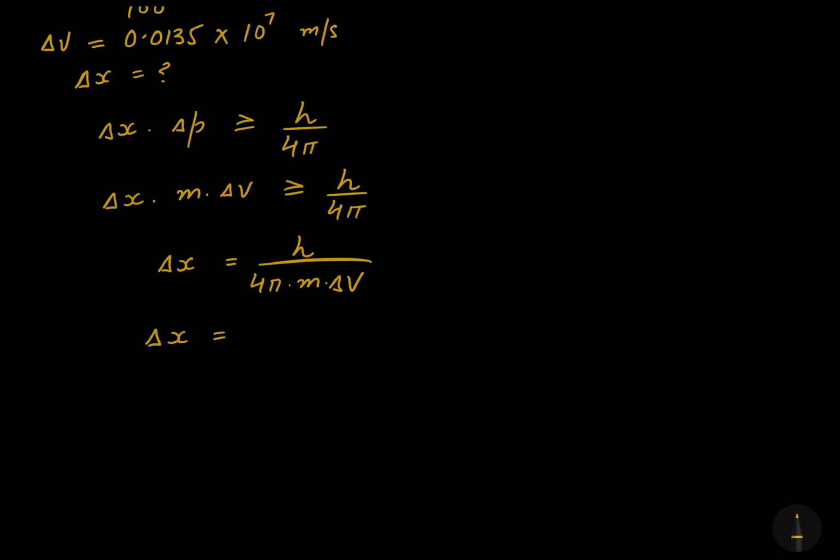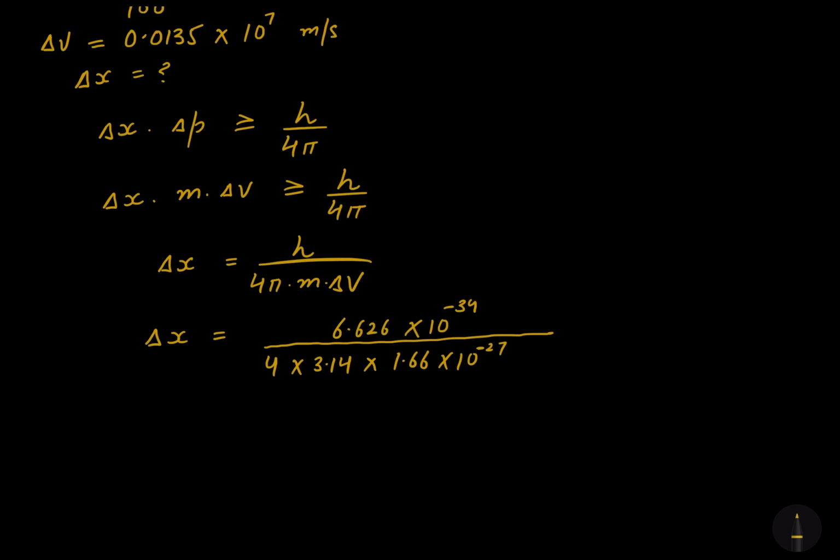Now delta x comes out to be: what is the value of h? It is 6.626 into 10 raised to power minus 34 divided by 4. What's the value of pi? It's 3.14. What's the value of the mass of the proton? 1.66 into 10 raised to power minus 27. Please always keep in mind which subatomic particle is given to you in the question, whether it's the electron or proton.